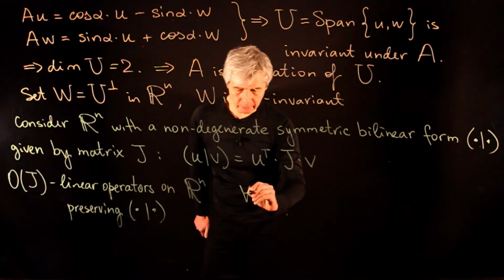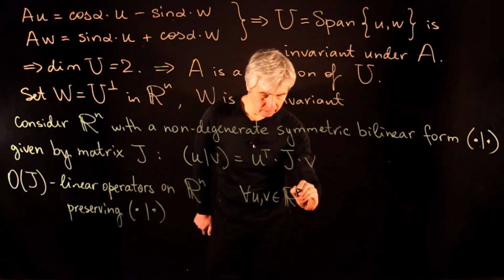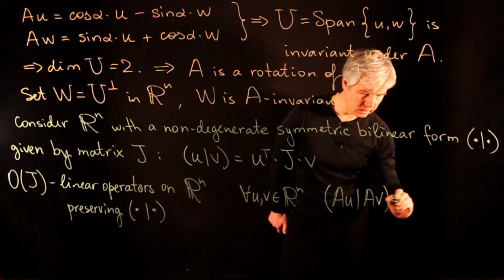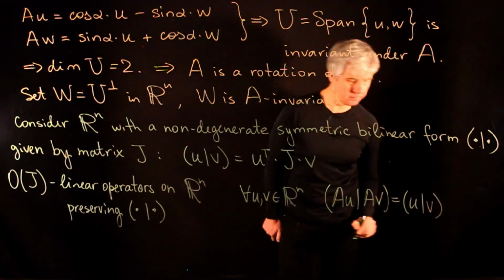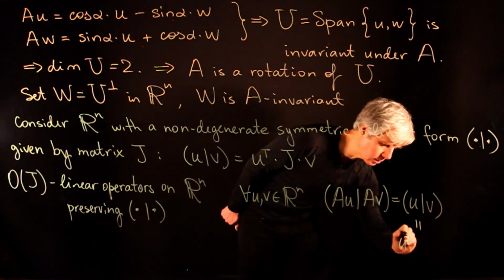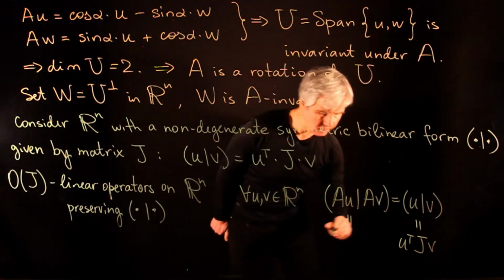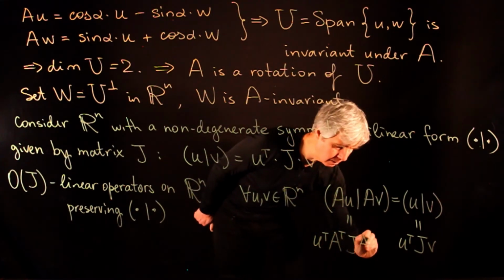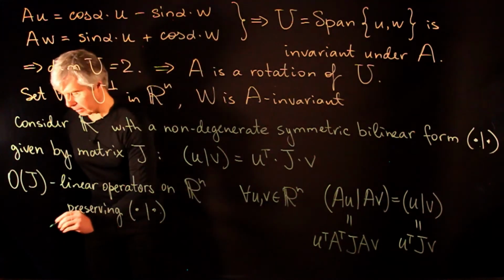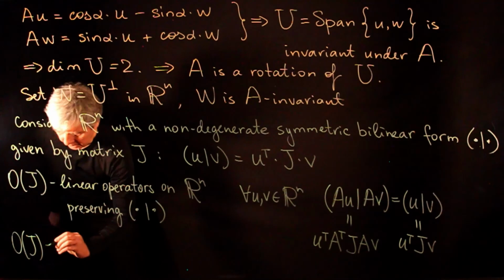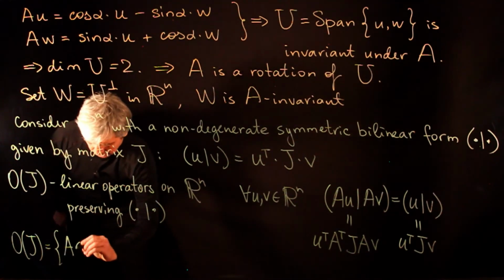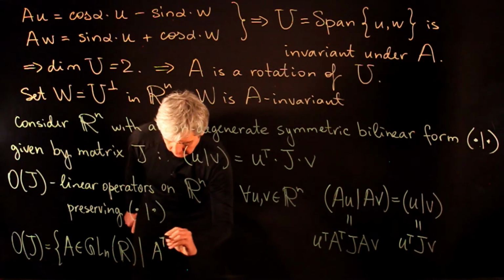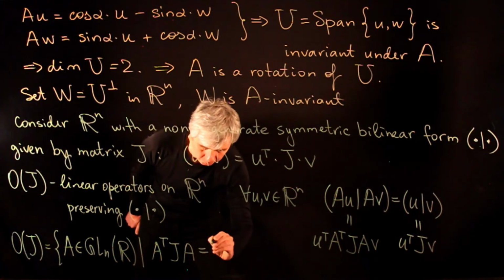So this means that for all U and V in Rn, we must have that AU with AV is equal to the value of the bilinear form on U and V. Now, the right-hand side can be written as U transpose times J times V, and the left-hand side can be written as U transpose times A transpose times J times A times V. So we see that an equivalent description of this group is the set of matrices A in GL n R such that A transpose times J times A is equal to J.